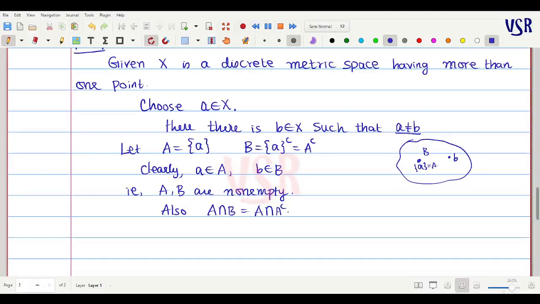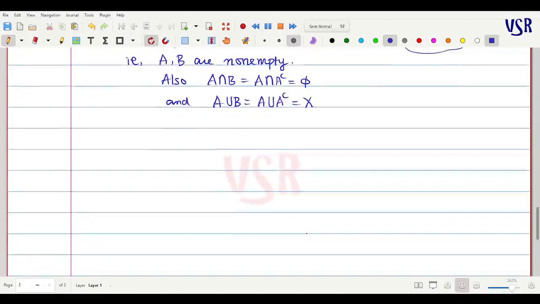Therefore A intersection A complement is empty. And A union B is equal to A union A complement, which is the whole set capital X.